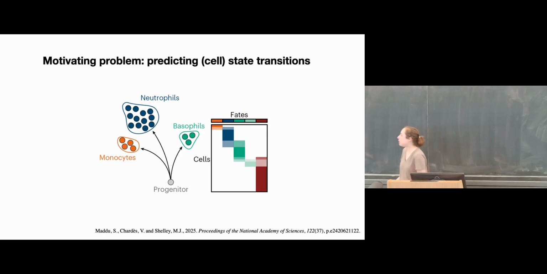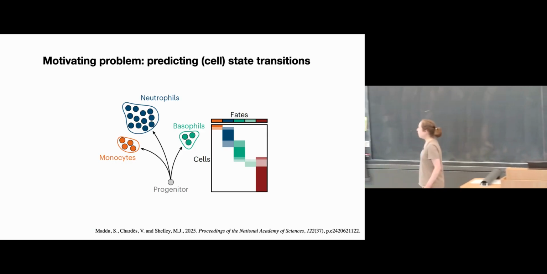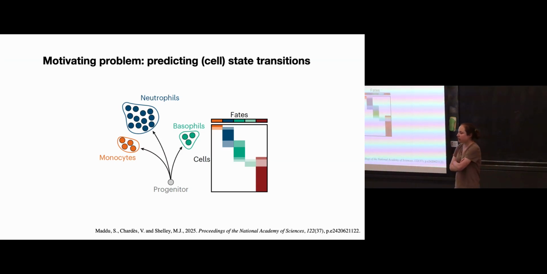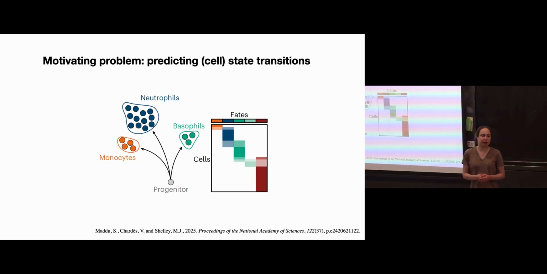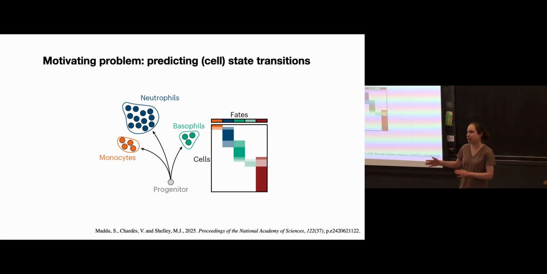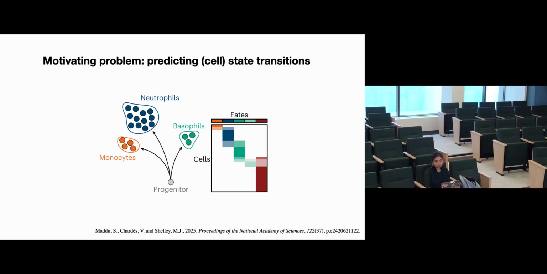So what problem are we trying to solve? As I'll mention later, some of these modeling approaches apply to a number of scenarios beyond single cell RNA sequencing or beyond cellular state transitions, but partly because that's the focus of this workshop, and also because it's where many of these methods have been developed in this bio space, at least, I'd like to ground this in an example from cellular differentiation.